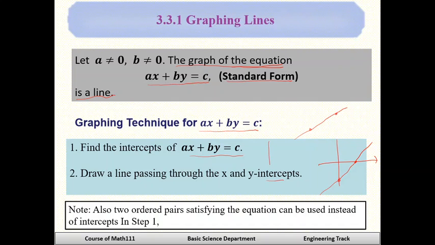We can make a table with x and y, take two pairs, and then put them in the graph. So it's here and here, let's say, and then you can make the line. This is another method, without using intercepts.